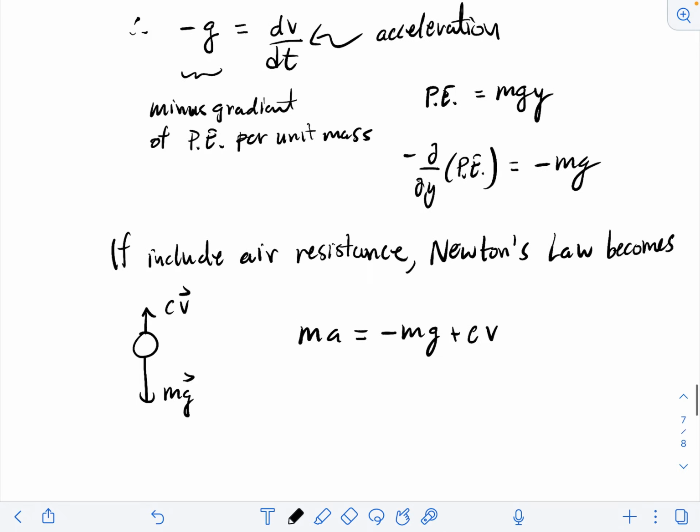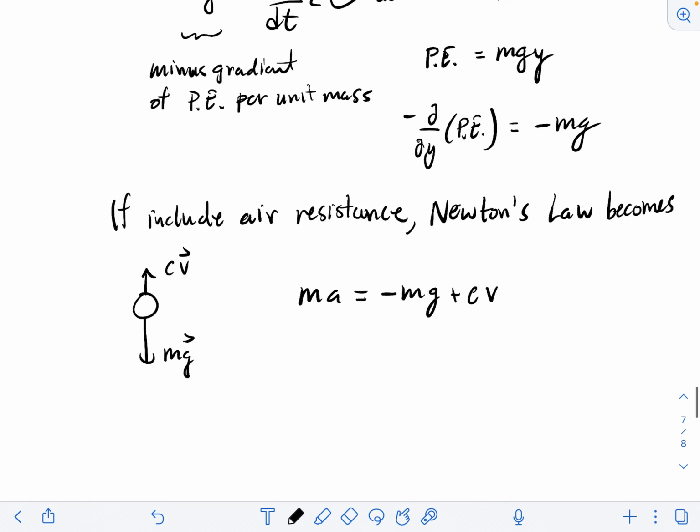What we could do is divide by mass, and if we isolate minus g, that would be a, which is dv/dt, and then minus c over m times v.